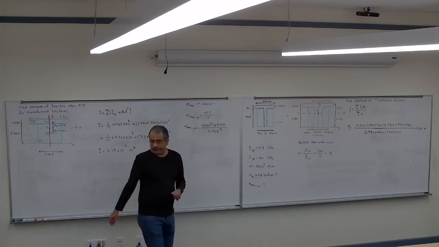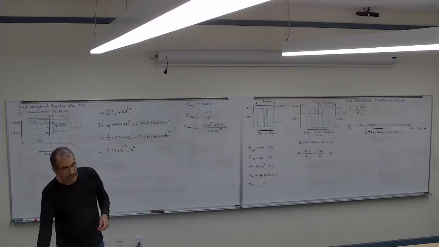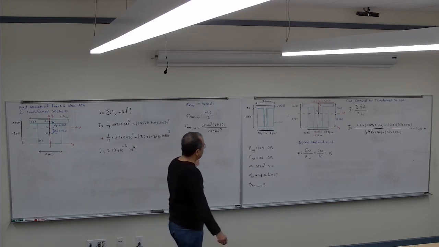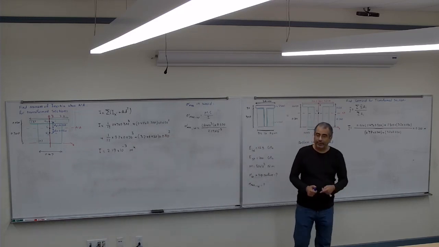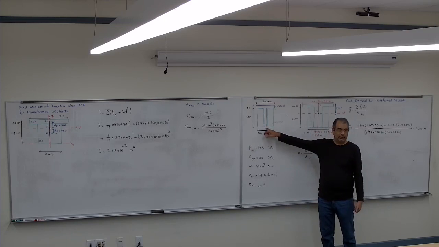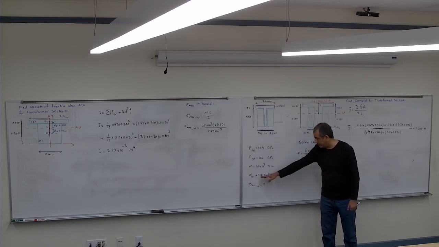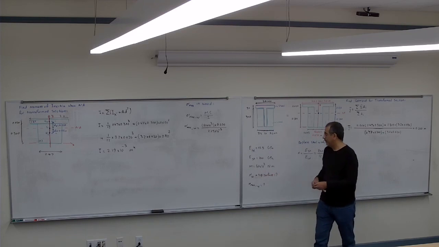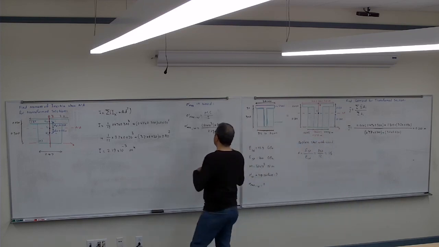The same thing for the steel, the maximum tension, the maximum stress in the steel is going to be at the bottom, but it doesn't ask for that. This is what's the sigma for the steel.